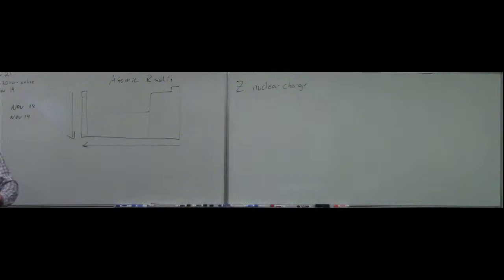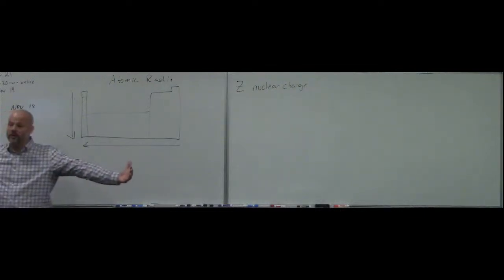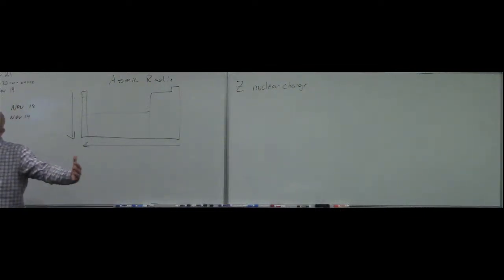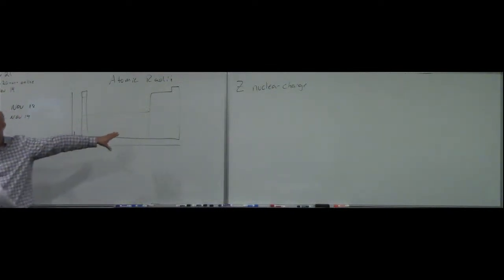Think Pauli exclusion principle, they want to be away from each other, so they push out a little further. The nuclear charge wants to draw them in, but they're also repelled from each other, which gives them a slight push out. So the Pauli exclusion principle and their repulsion cause them to be further out than you would expect just based on nuclear charge.